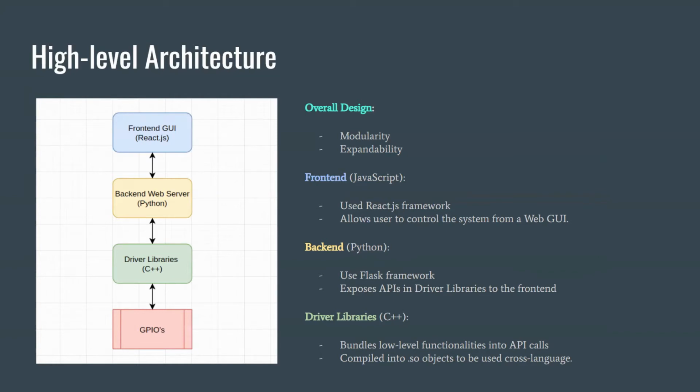The driver libraries are written in C++. It basically bundles very low-level functionalities such as writing to I2C registers or PWM outputs. It bundles these functionalities into API calls. And it compiles this code into .so shared object files so that it can be used cross-language.